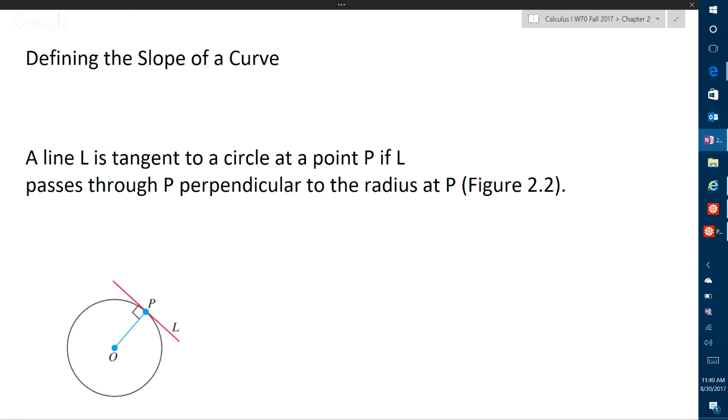So first we'll look at it for circles, and then we'll look at it for general curves. For circles, I think it's pretty straightforward. For curves, it's a little trickier, but I kind of alluded to it earlier. So let's see if we can understand it a little bit better.